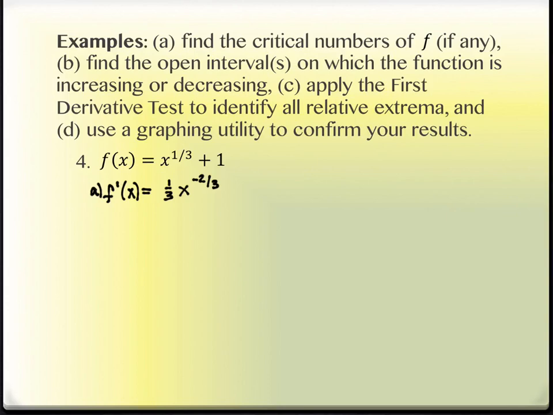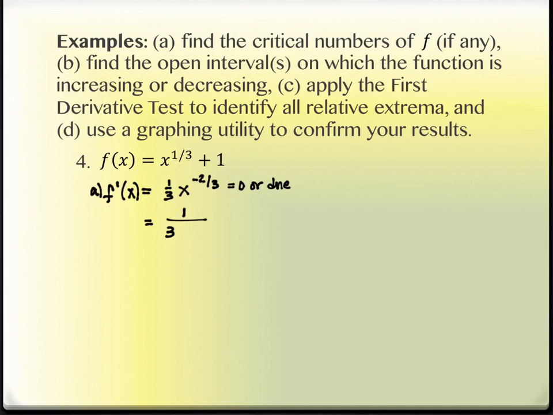We want to figure out whether this is equal to 0 or does not exist. Notice I didn't even write that does not exist on the last one because it was a parabola. It exists everywhere. This one might be harder for you to see, but if we rewrite it into a form you're more familiar with, I think you will see it. The 3 is on bottom. The 2/3 being negative is going to push it to the bottom.